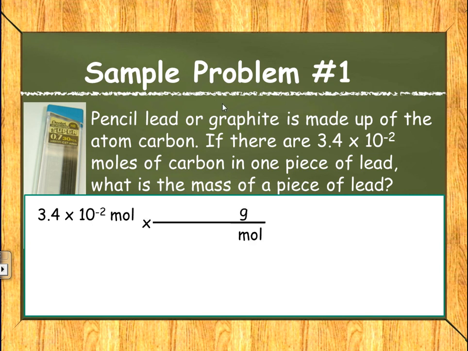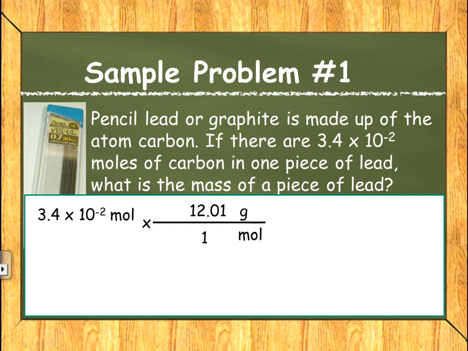For every 1 mole, I have, typo. What is it supposed to be? Oh, wait. Carbon, not lead. I'm sorry, that was my fault. Pencil lead or graphite is made up of carbon atoms, not lead. In my head, I said lead, but it's carbon atoms, right? So carbon has a mass of 12 grams.